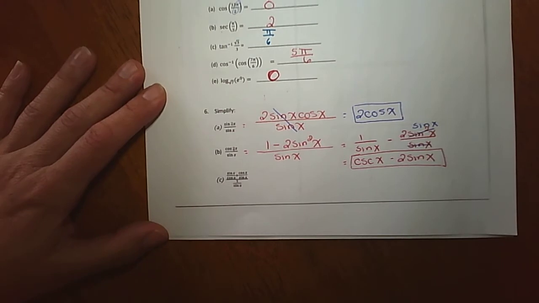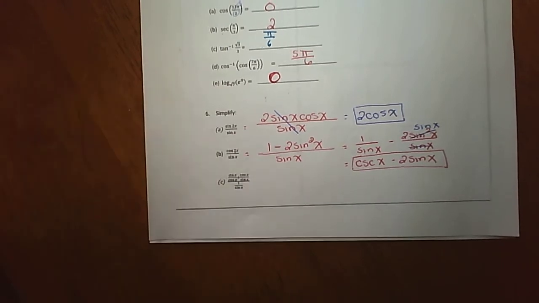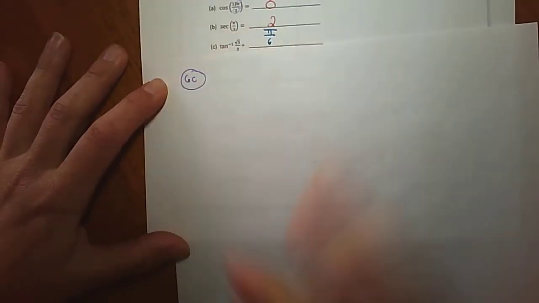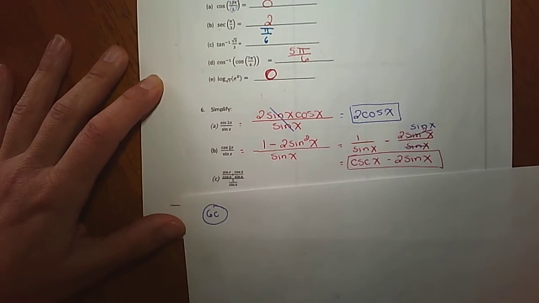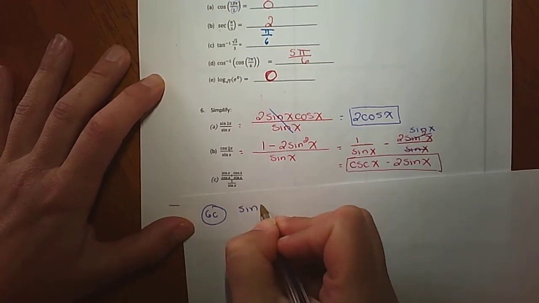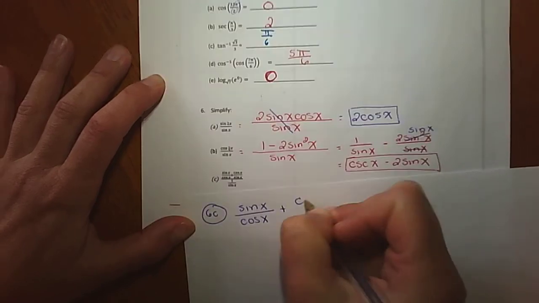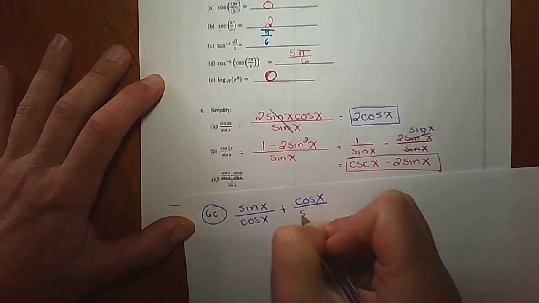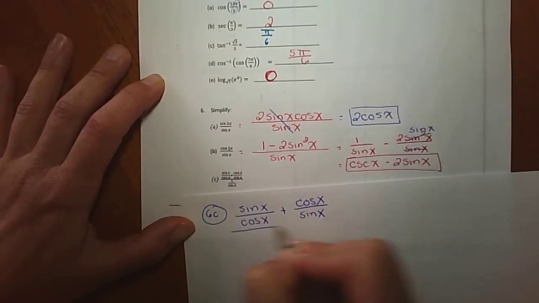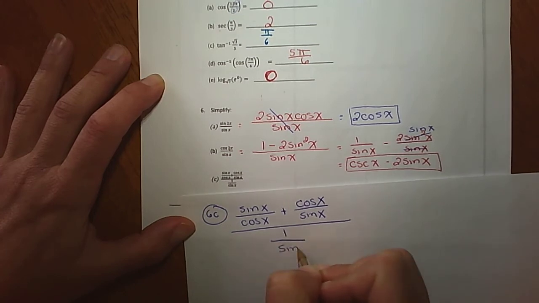Now, 6C I'm not going to fit on here, so I'm going to pull out a piece of paper. All right, 6C, I'm going to rewrite it a little bigger, is sine x over cos x plus cos x over sine x all over 1 over sine x.